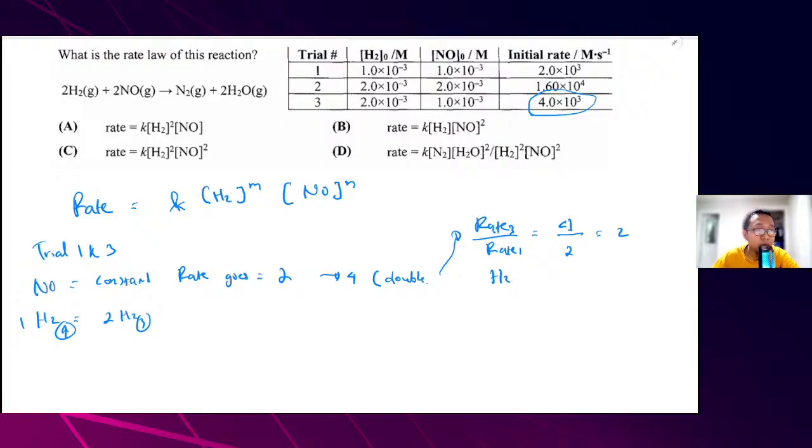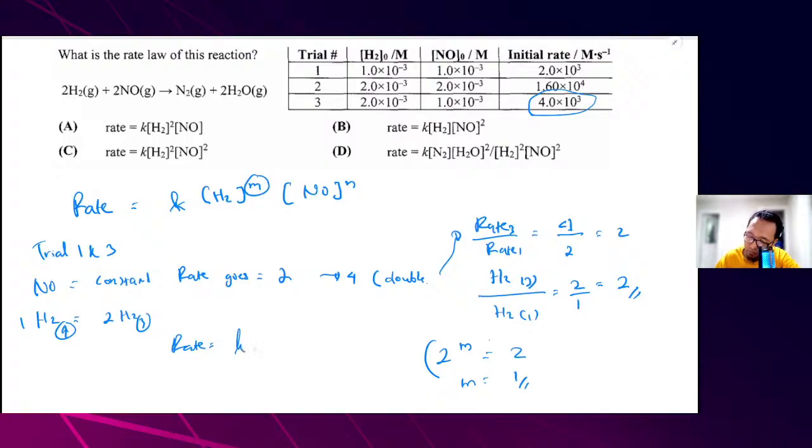The H2 for trial 3 over trial 1 is also 2. That means 2 to the m equals 2, so m should be only 1. So the rate should be k[H2]^1.